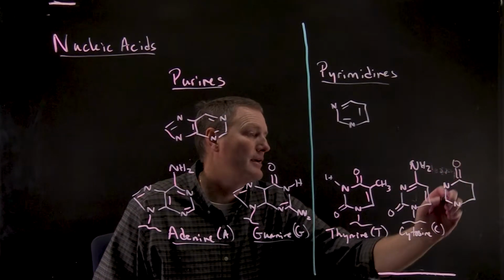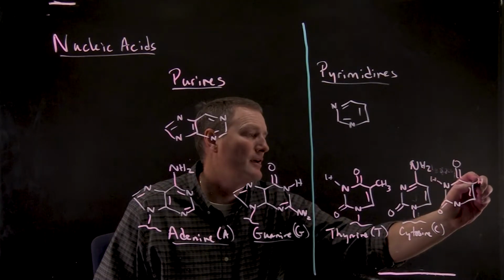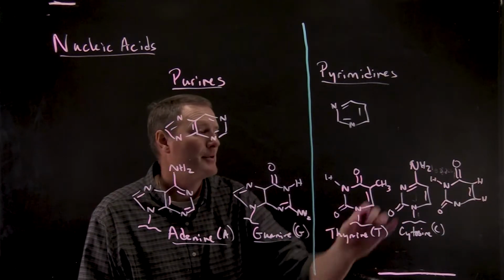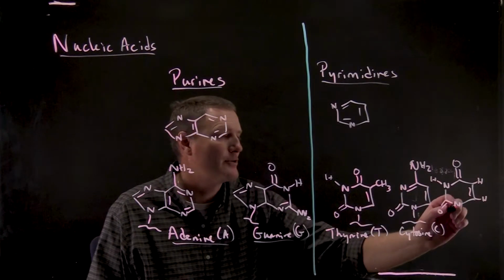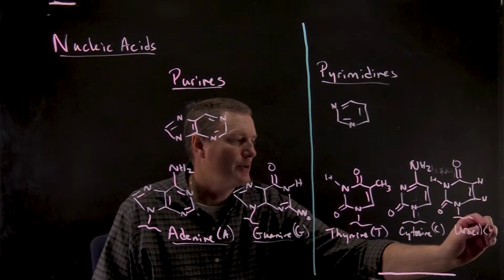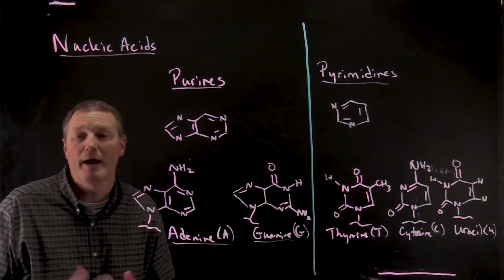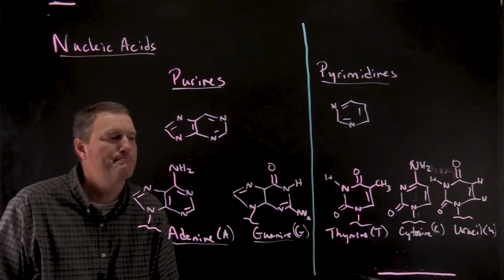It's going to have a structure that's actually sort of similar to T, thymine, but notice it doesn't have the methyl group. It has a hydrogen. This is uracil, or U. And again, U is only going to be found in the ribonucleotides, or in RNA.